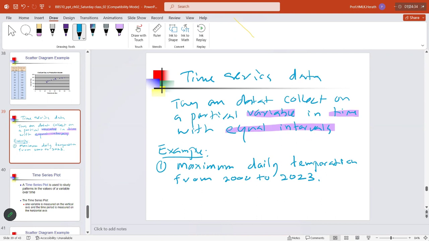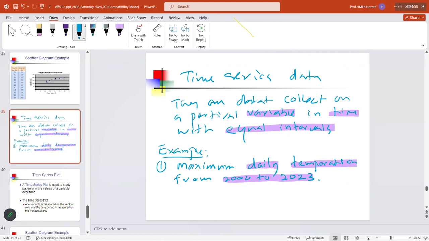So this is the time period, and this is the frequency, and you collect the temperature, okay, the maximum temperature.